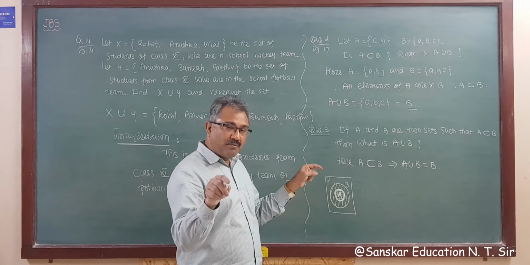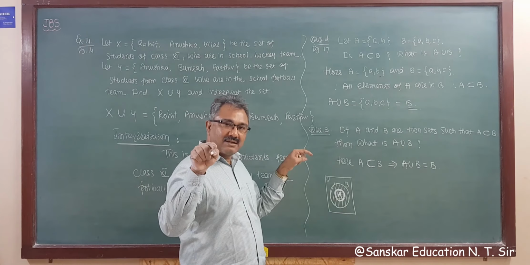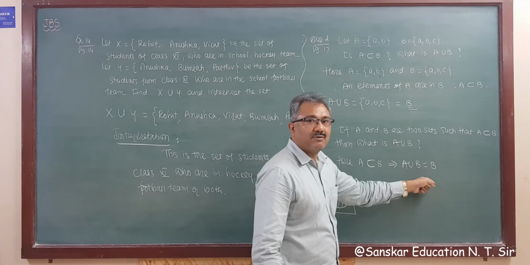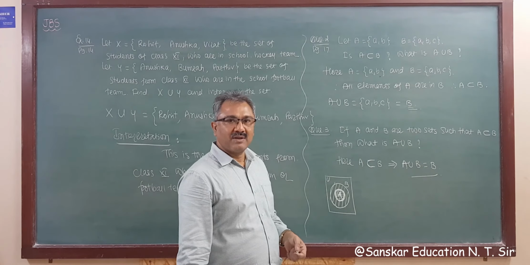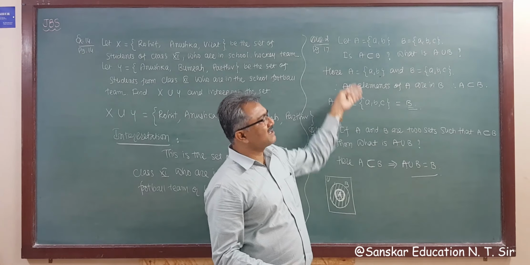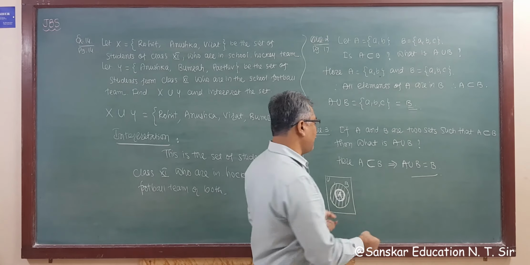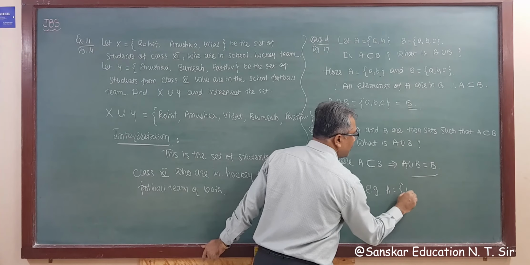Then what is A union B? A union B means the bigger set you have to take. So bigger is B. So A union B is equal to B. Got it? Clear now? Otherwise, you can take an illustration like this. For example, if you want to write in the exam, suppose A is equal to {1, 2}.